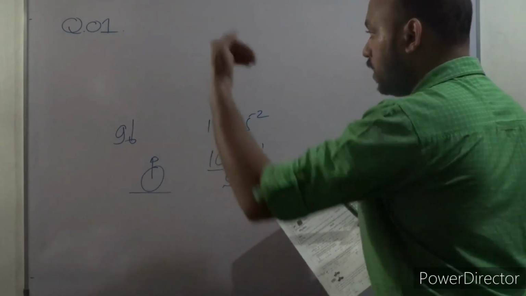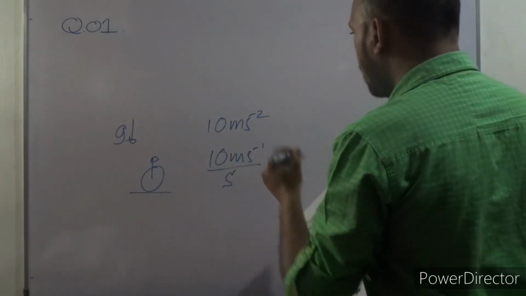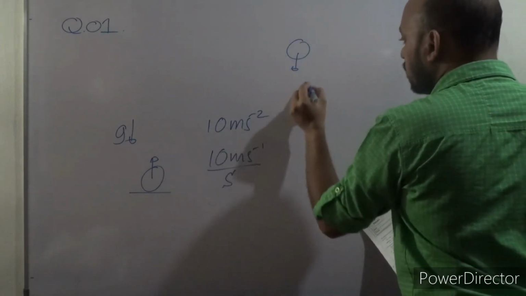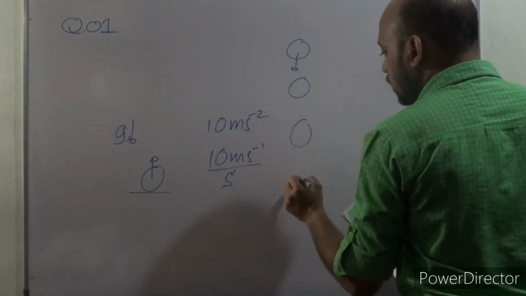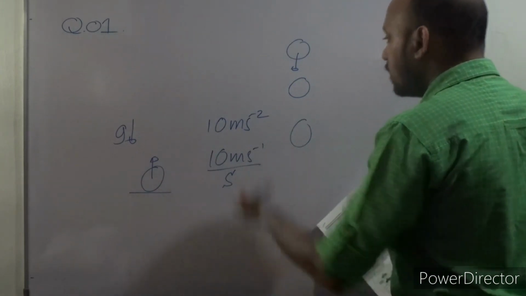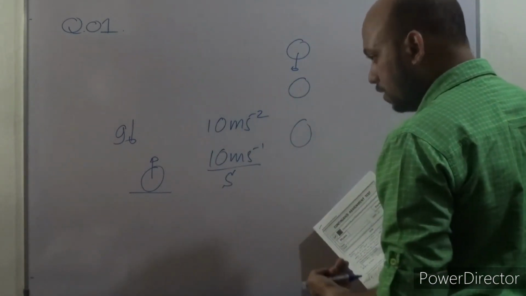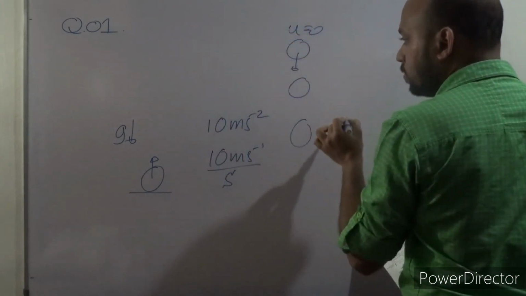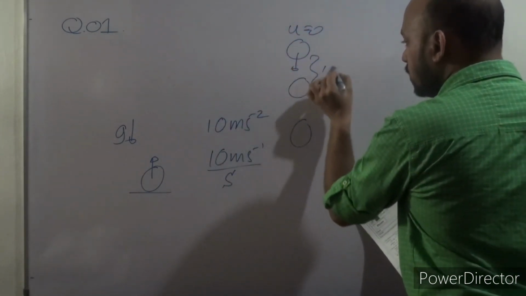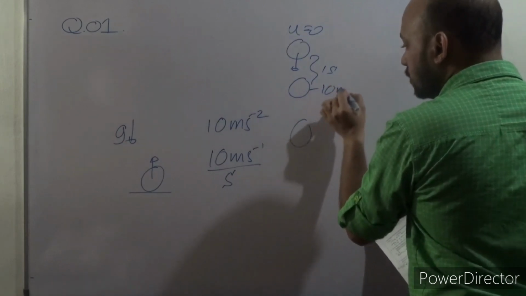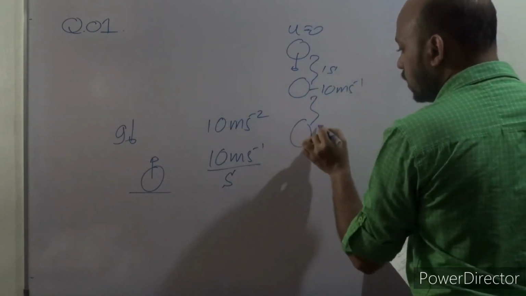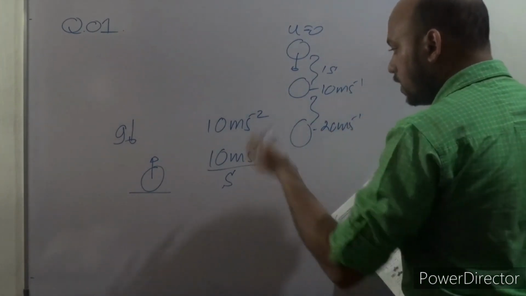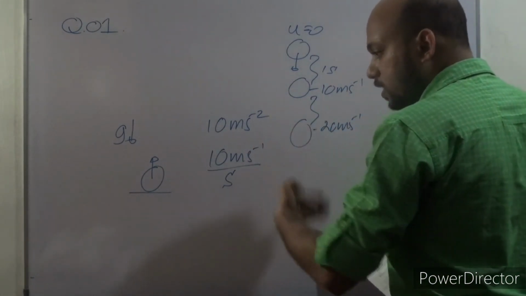If it is released from a certain height at rest, its velocity gradually increases by 10 each second. As an example, if we release from rest, after 1 second it is 10 meters per second, in the next second it is 20 meters per second, the next second like that, increasing 10 by 10.